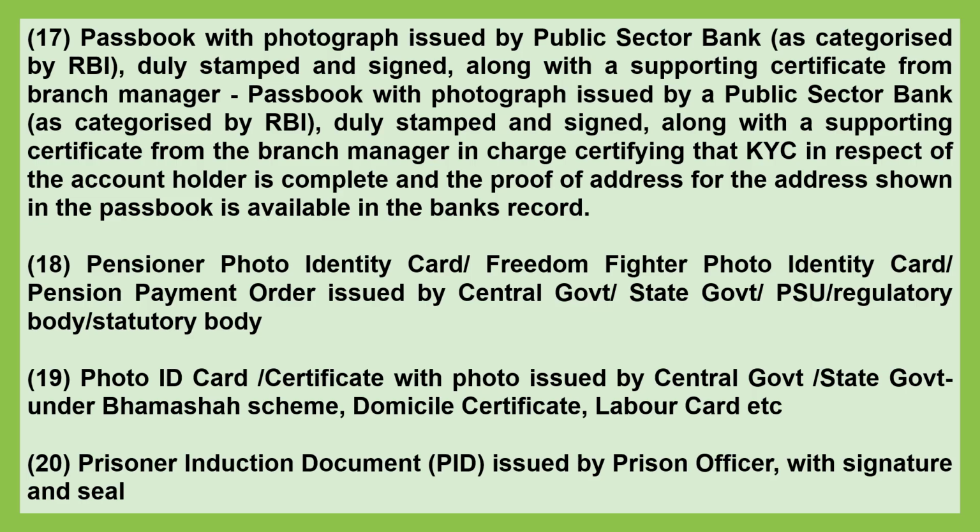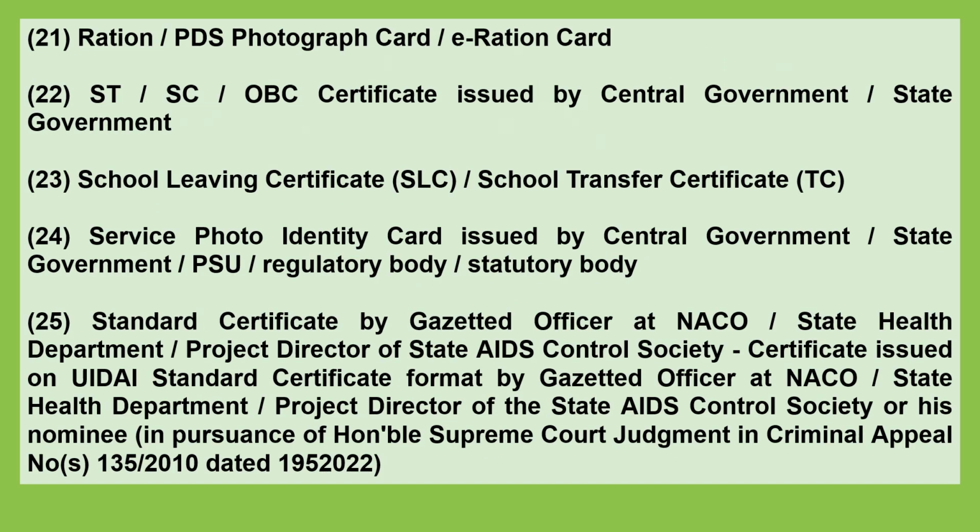Photo ID card or certificate with photo issued by central government or state government under Bhamashah scheme, domicile certificate, labor card, etc. Prisoner induction document issued by prison officer with signature and seal. Ration or PDS photograph card or e-ration card.